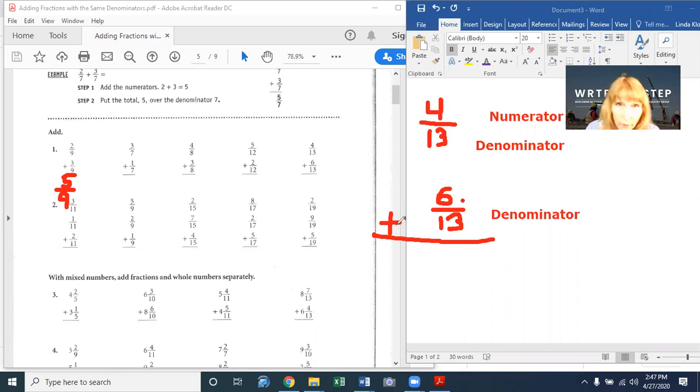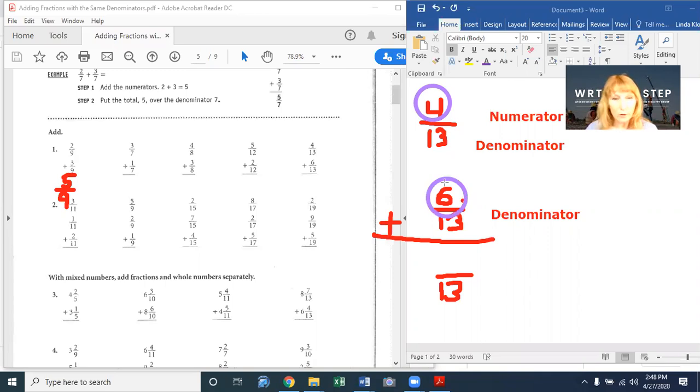Now never, never, never add the 13s together. The answer is going to have a 13 in the bottom. And on the top, we are just going to add the numerators together. So let's circle those again so we can see where they are. We have a 4 and we have a 6. So 4 plus 6 is exactly 10.